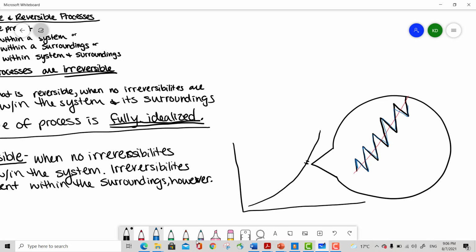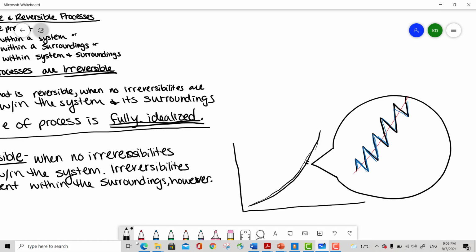Overall, it's a really, really small, slow scale that you would have to look at to view this quasi-static relationship. And when you break it out in a normal view, it ends up looking like this.